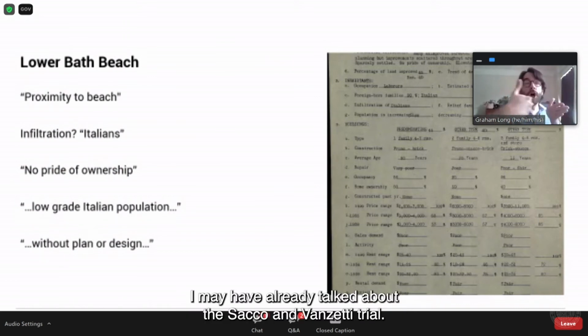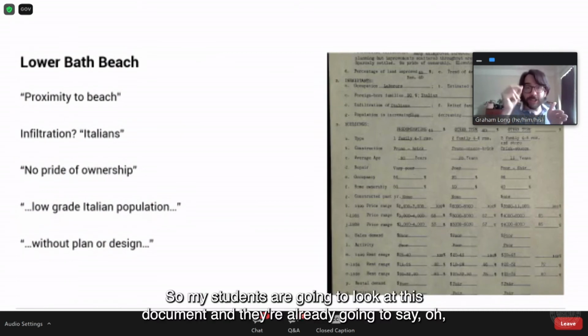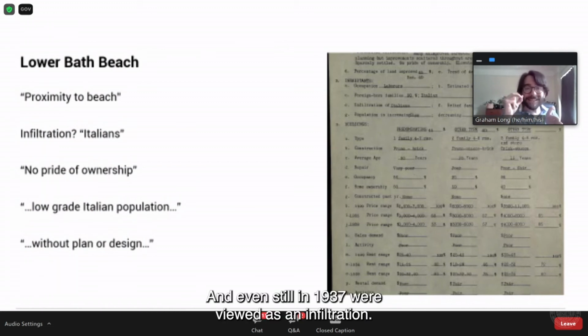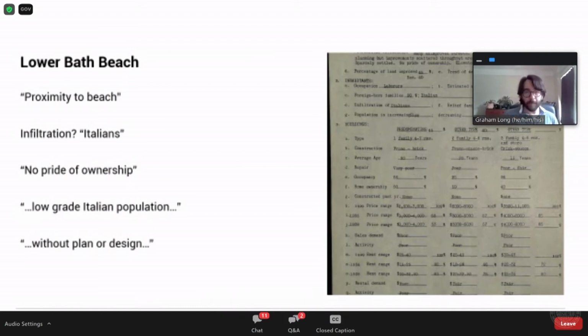I may have already talked about the Sacco and Vanzetti trial. So my students are going to look at this document and they're already going to say, oh, the Italians were viewed negatively. And even still in 1937, were viewed as an infiltration.